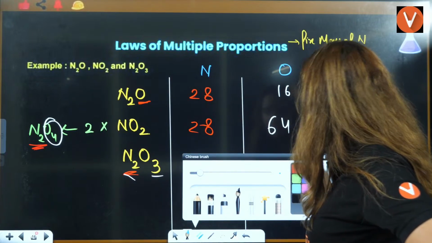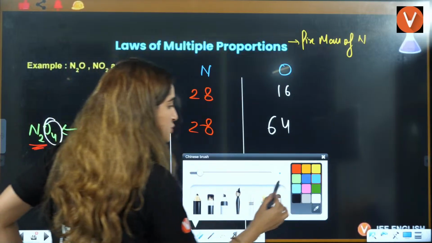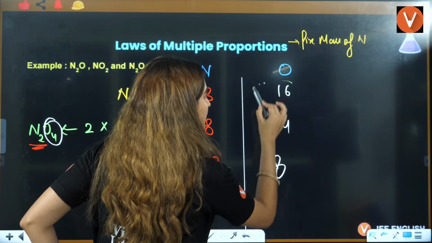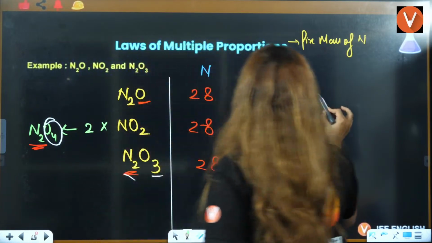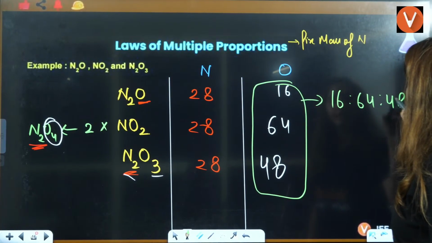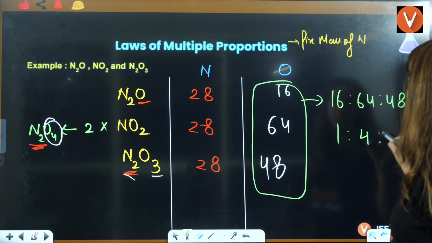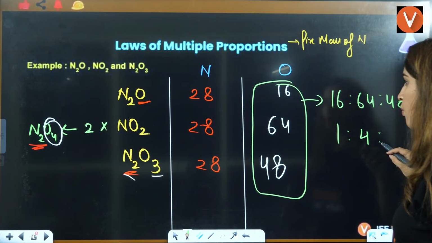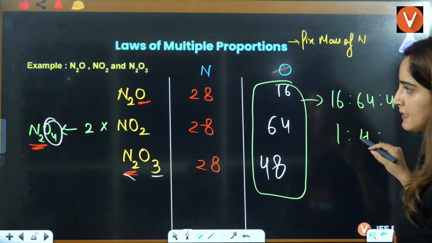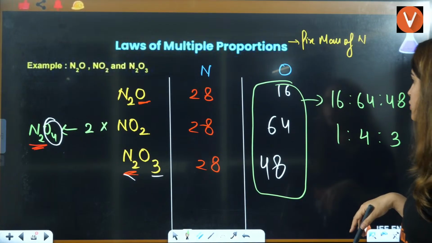Once you have this, you need to tell me the ratio of these 3 things. That should be in a simple whole number ratio: 16 ratio 64 ratio 48. That is going to be 1 ratio 4 ratio 3.